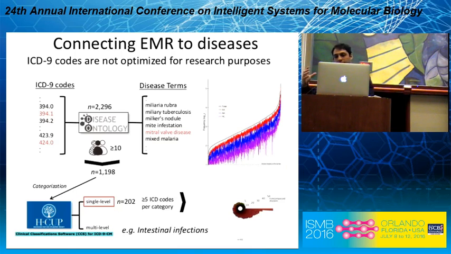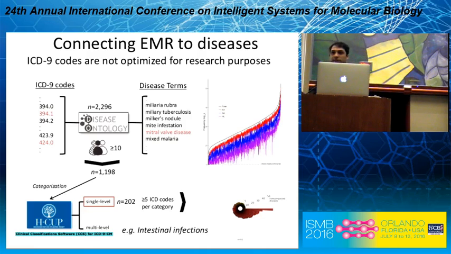We further only kept categories that have at least 5 ICD-9 codes encompassed in them. We can see here in a radial plot the amount of categories and how many ICD codes they have. Some of them have the minimum 5, but we do see some categories with large amounts of diseases. These tend to be some of the broader diseases, such as cancers.